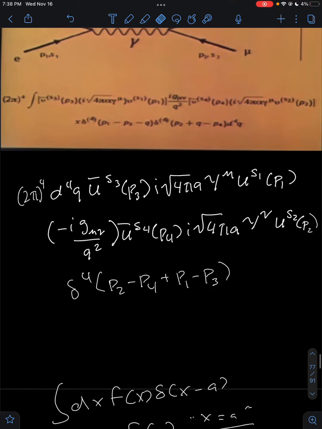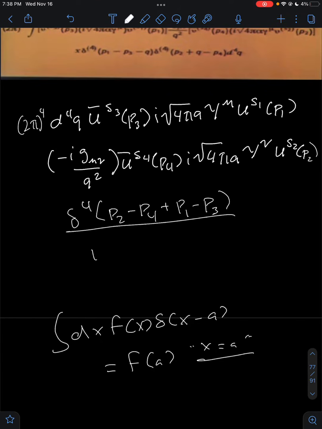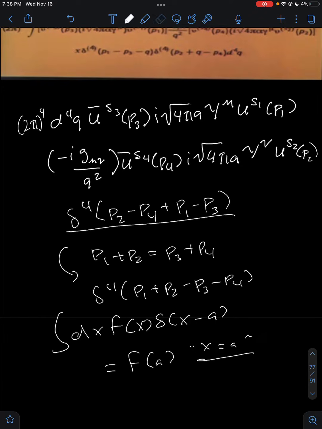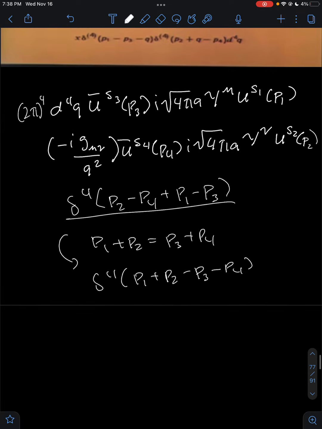So we can analyze this delta function to see if it makes sense. This delta function tells us that P1 plus P2 equals P3 plus P4. Because the delta function is going to be P1 plus P2 minus P3 minus P4, and this delta function is only going to be non-zero when P1 plus P2 equals P3 plus P4.